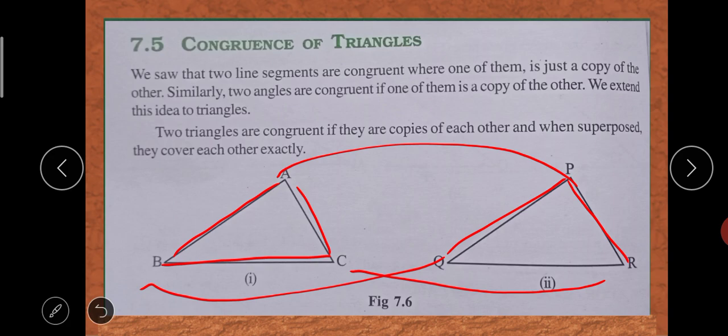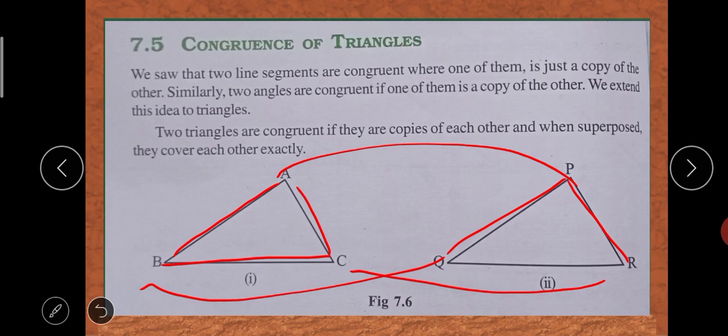So A and P are one pair, since A is placed on P. Like this, B and Q, and C and R. Second, the sides. Which are the same sides when we trace them on one another? We find AB and PQ, then BC and QR, then AC and PR.